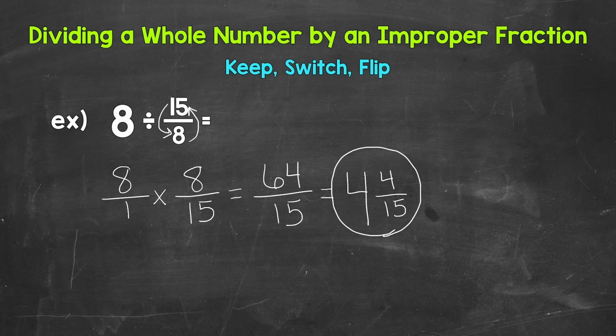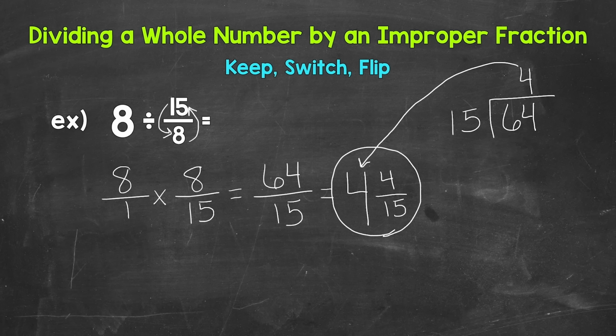Now, just as a quick recap, as far as how we went from that improper fraction, 64/15, to the mixed number of 4 and 4/15, I'm going to write that out off to the side. So we did the numerator, 64, divided by the denominator, 15. How many whole groups of 15 in 64? Well, 4. That's the whole number of our mixed number.